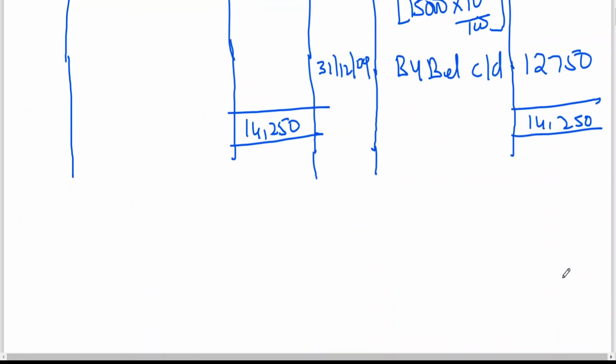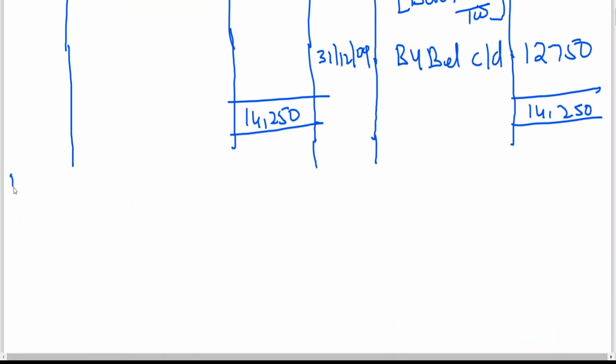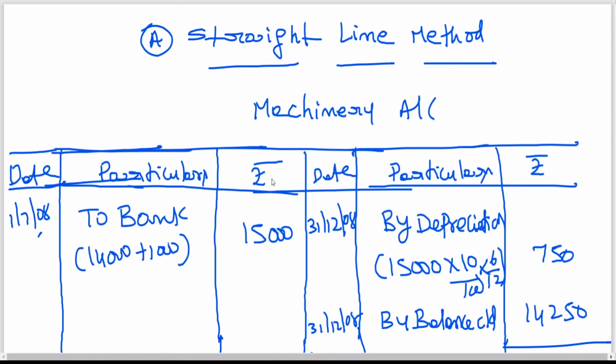This will become the opening balance for next year. To balance brought down 12,750. So this is how you have to open it.